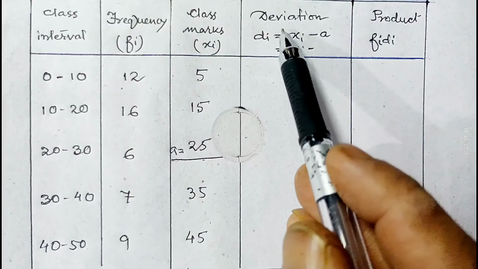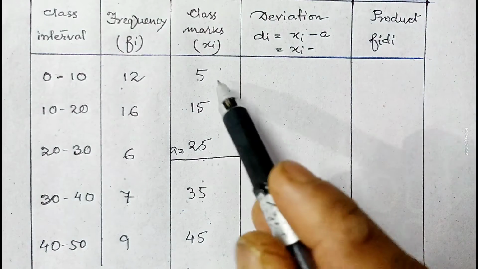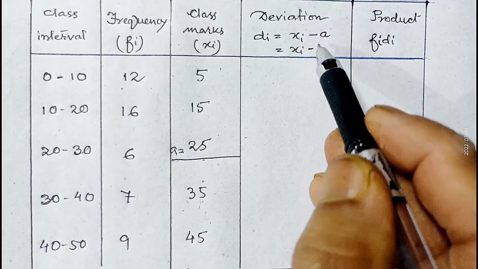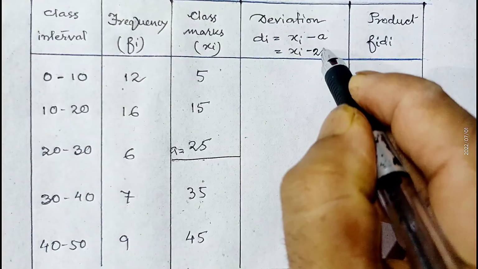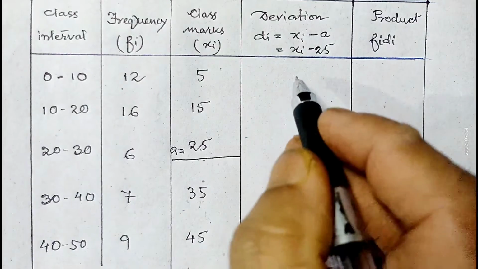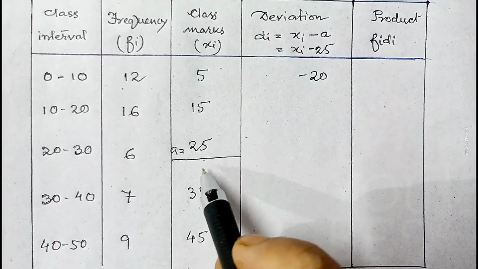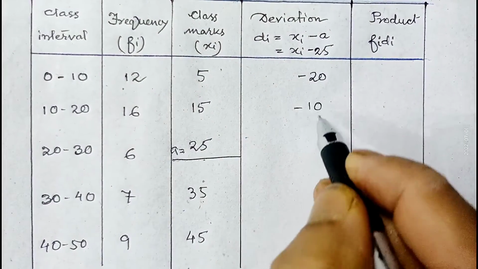Clear? From these values, any value you can consider as assume mean, but it is better to take something from the middle. In the next column, that is deviation, we are to subtract this 25 from these class marks. So here it is xi minus a, and here a we have considered 25, so here you write 25. That means in the first case it will be 5 minus 25, 5 minus 25 is minus 20, 15 minus 25, 15 minus 25 is minus 10.